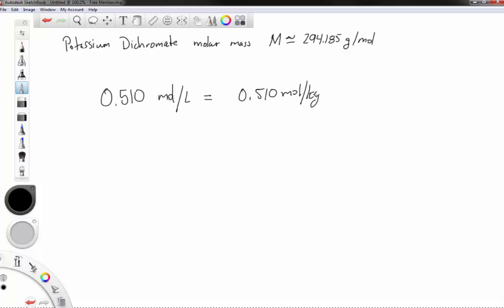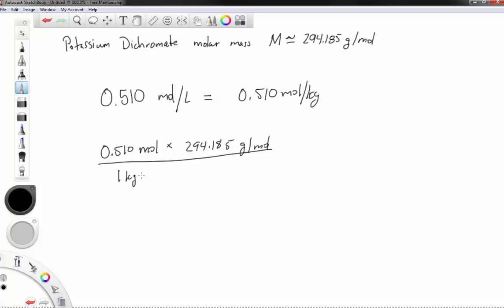So we need to convert the kilograms into 100 gram increments. We need to convert the moles to a mass. So 0.510 moles times 294.185 grams per mole is going to convert this top part. And then we're dividing by 1 kilogram times 1,000 grams per kilogram, and then from there we need to divide out by increments of 100 because we want to have per 100 gram.